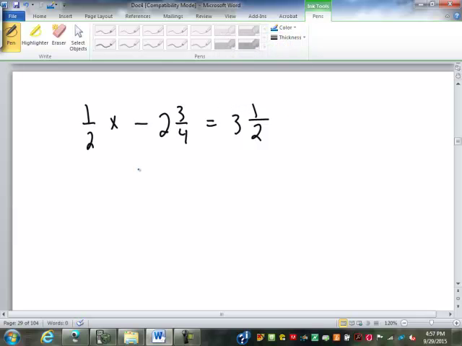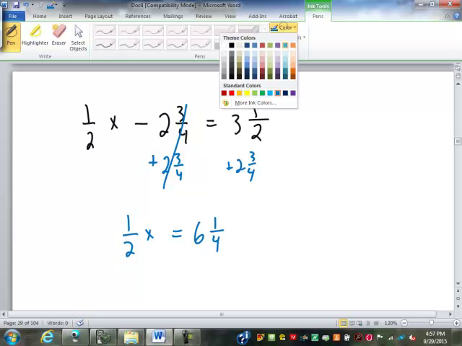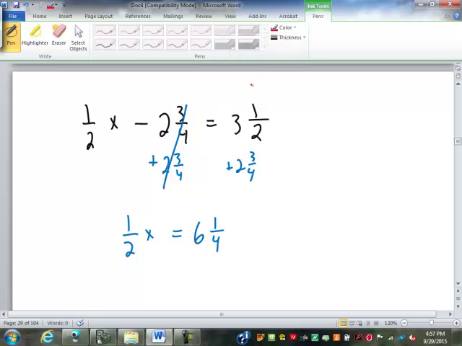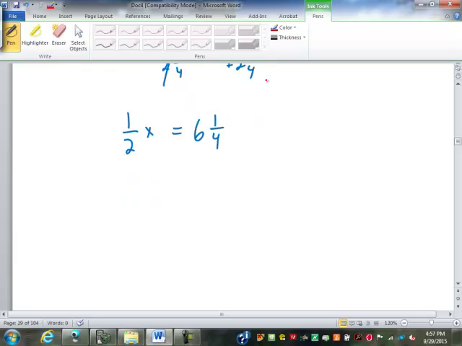First step. Add 2 and 3/4. So 1/2 x, or 1/2 times x, is going to be 6 and 1/4. From there, divide by 1/2. X equals 12 1/2.